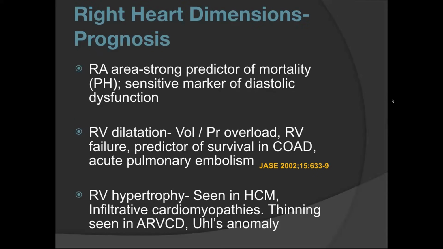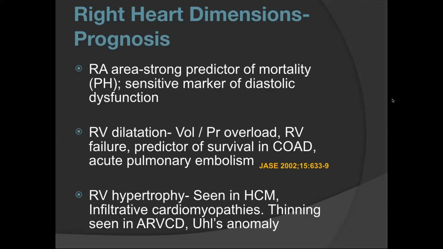So if a patient has a PA pressure of 120 and RA area is not so much dilated, but in a patient with PA pressure of, say, only 80, but RA area is very much dilated, the worse prognosis is going to be in this patient who has a dilated RA area.